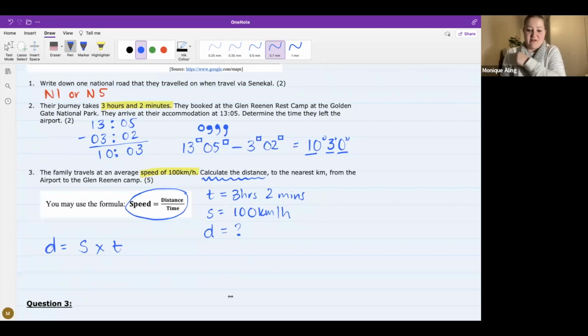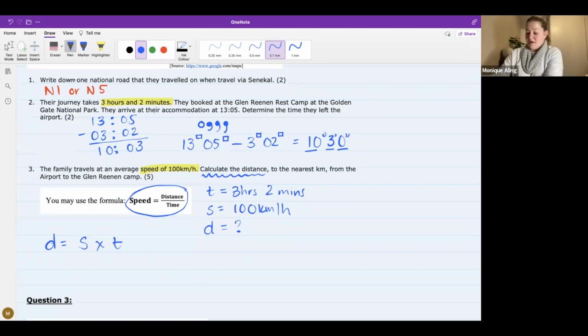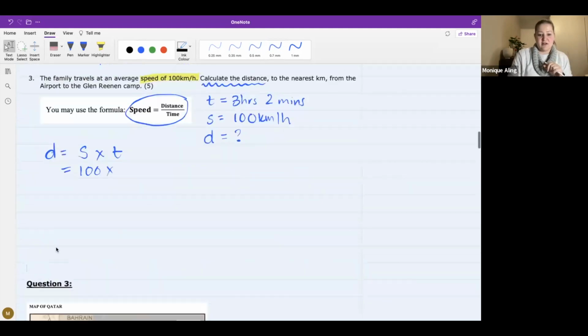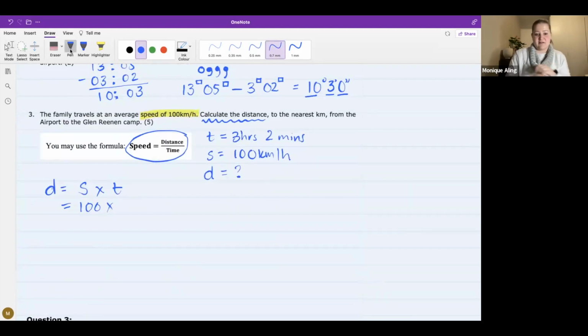Okay, so rounding. So we have our speed, put it into our formula, and then time. Before we can actually substitute time into the formula, we need to first convert everything to hours. Time always needs to be in hours.